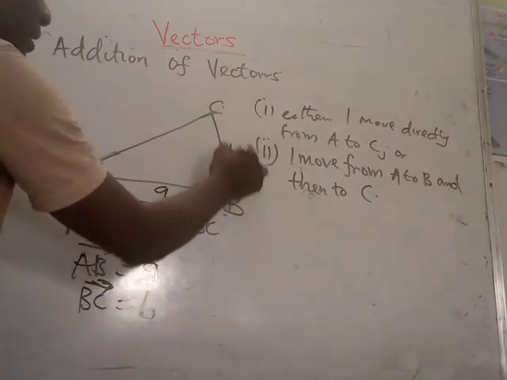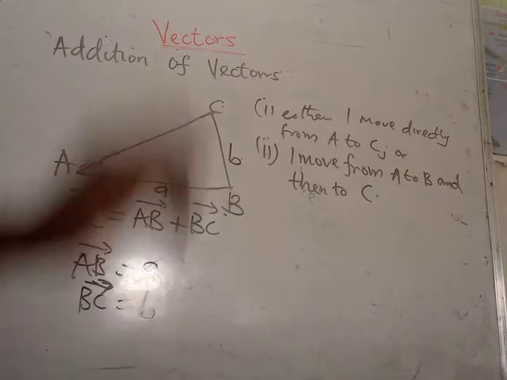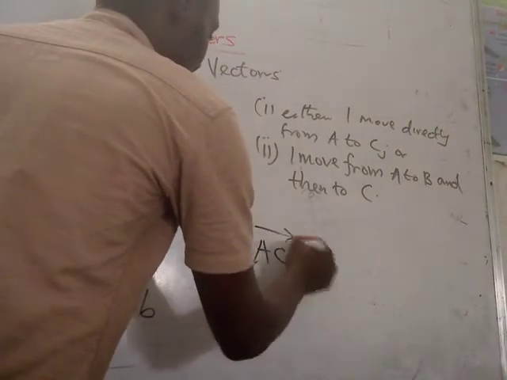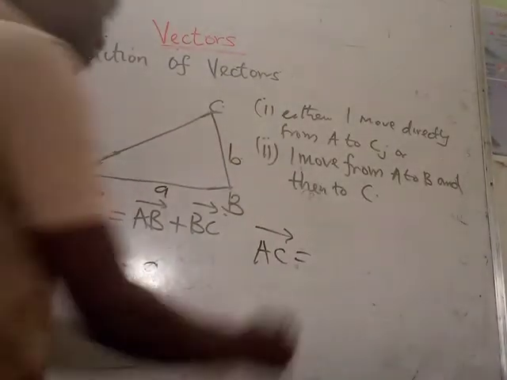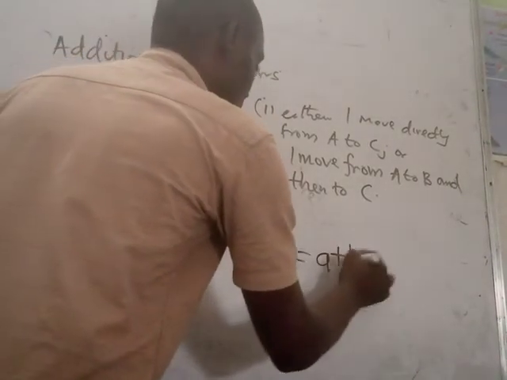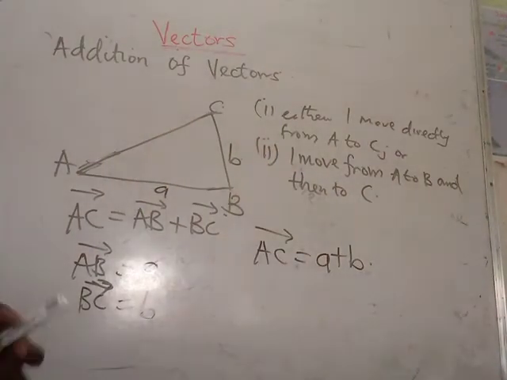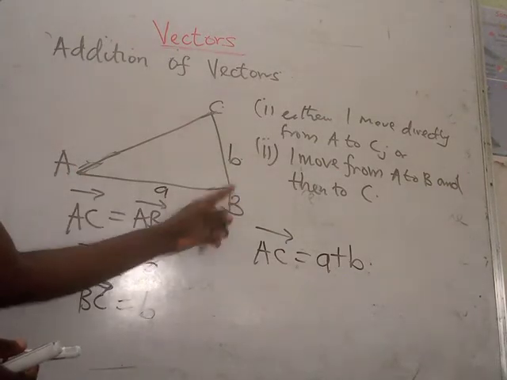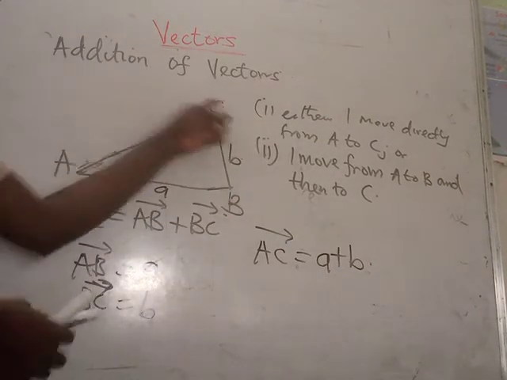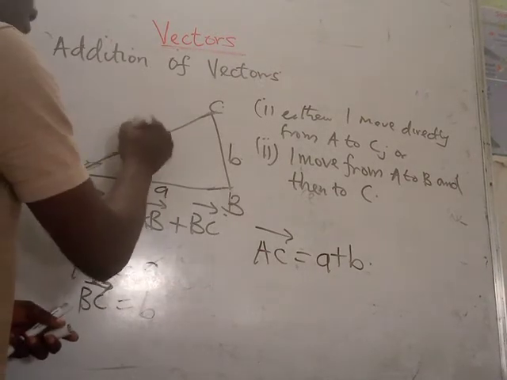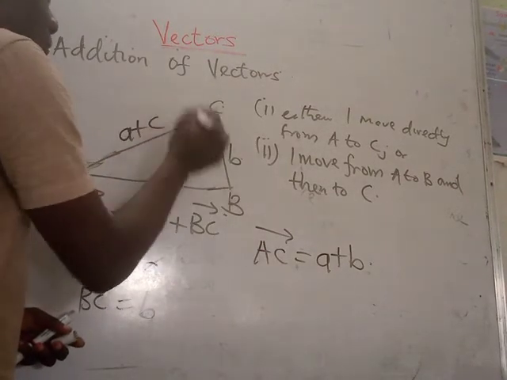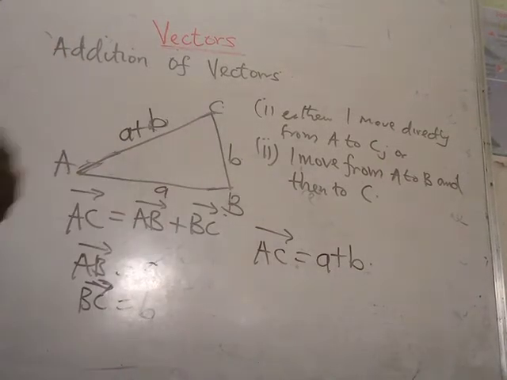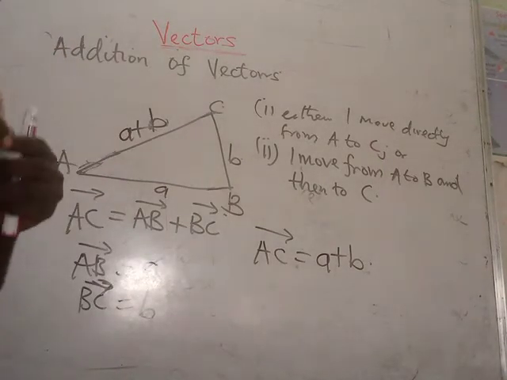This is A and this is B. So therefore, AC is going to be equal to A plus B. So this sum, A plus B, is going to be equal to this. So AC is going to be equal to A plus B.